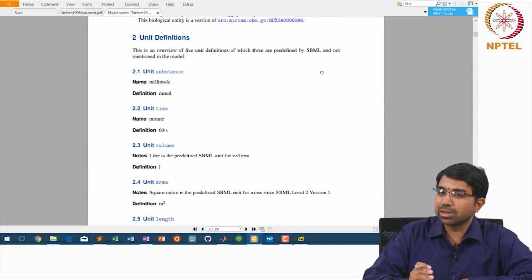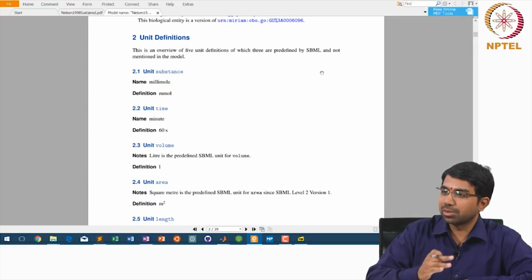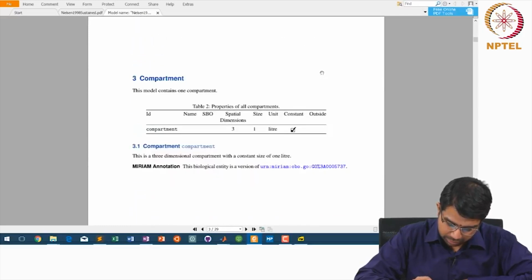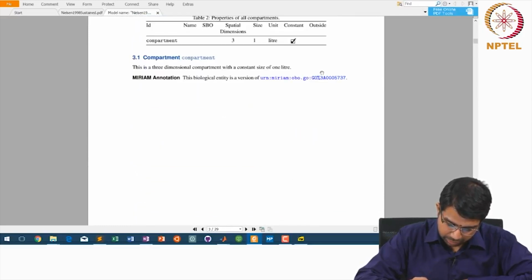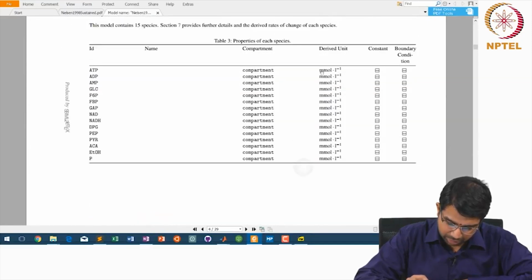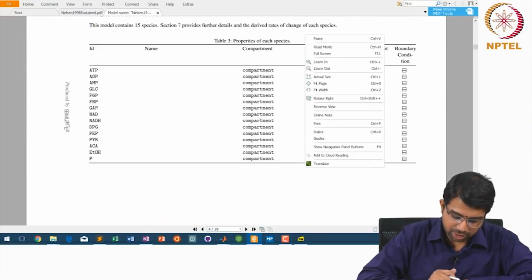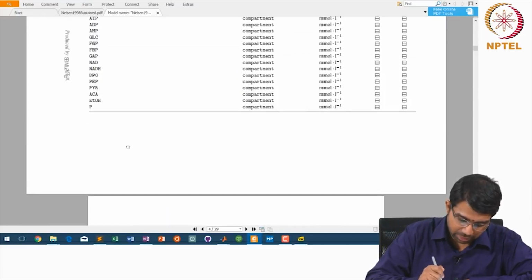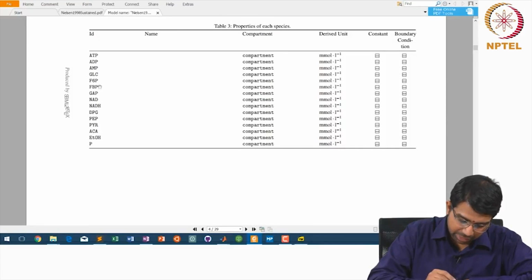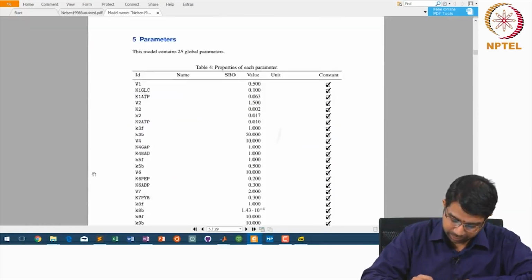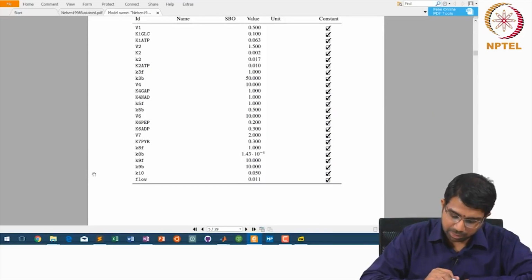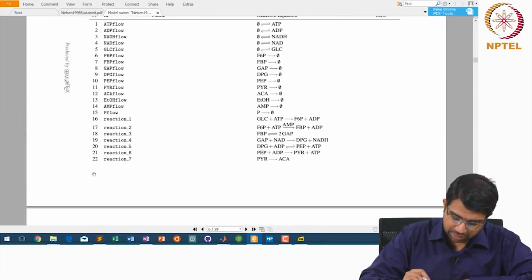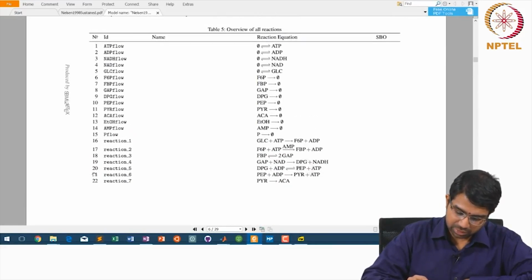This is essentially from the SBML, if you remember SBML from a few classes ago. So the compartment, well, let's just cut to the chase. These are your species. So you want dATP by dt, dADP by dt, dAMP by dt, all of these. These are all your parameters. They are in the manuscript, which I was just showing you, and these are all your reactions.